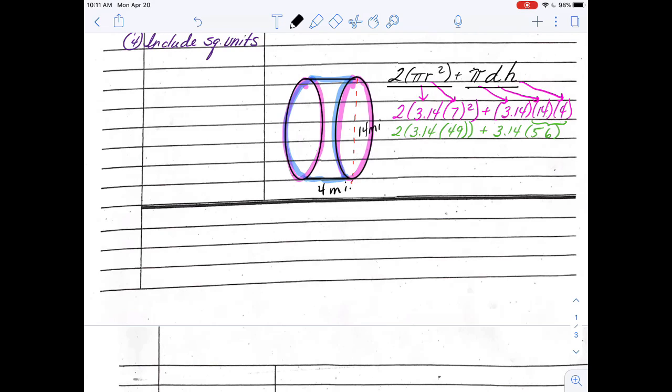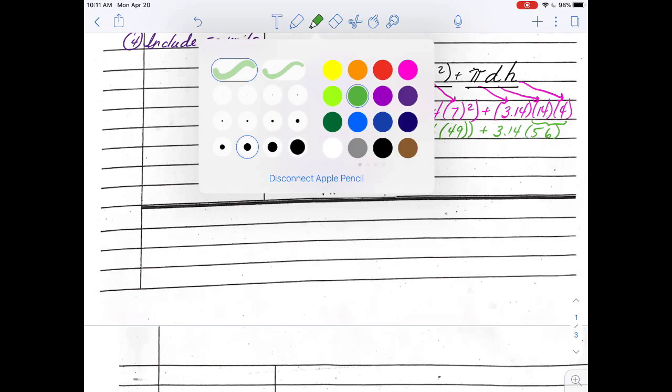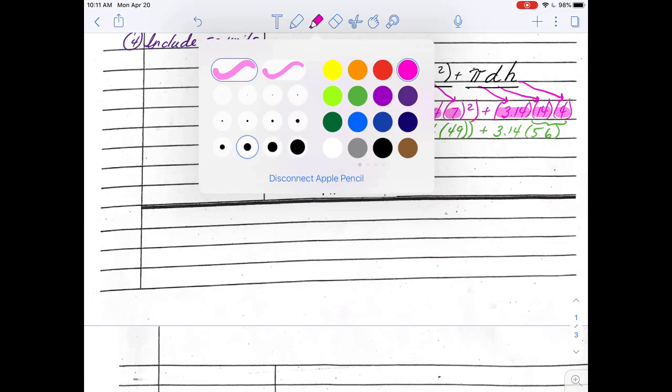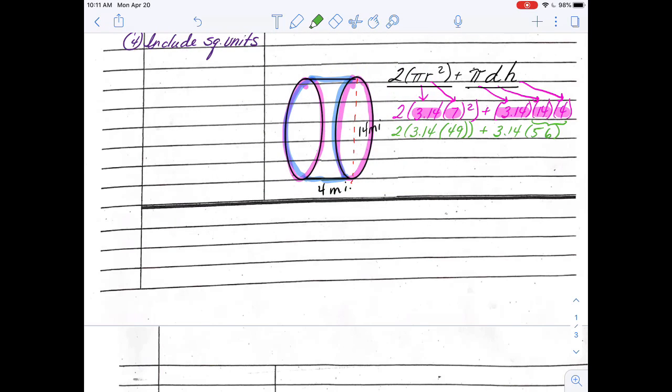So when we substitute in all the values that we know, 2 times pi, the radius is 7 because it's half the diameter, and then pi, 3.14, the diameter is 14, and the height between the two bases is 4. Now multiplying our 7 squared, 7 times 7 is 49.